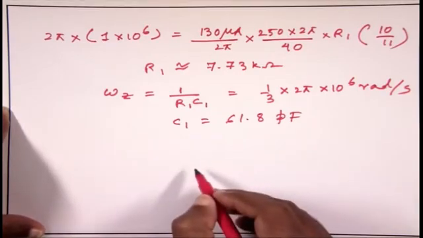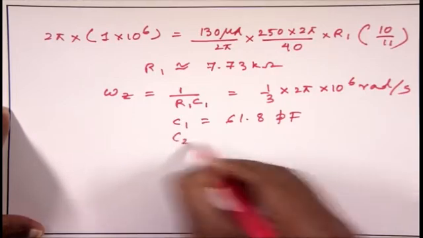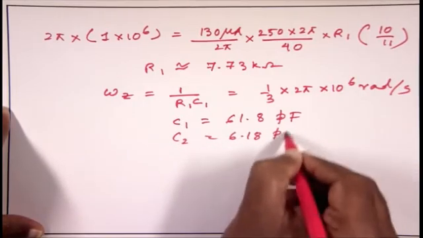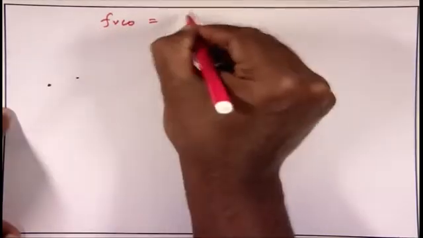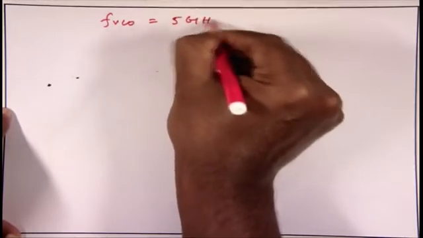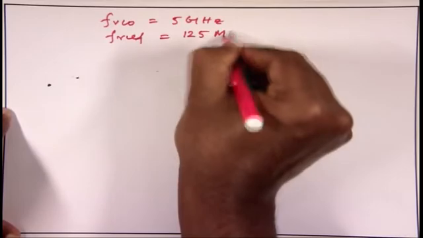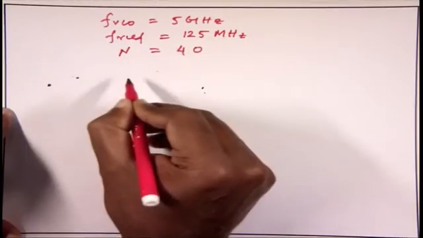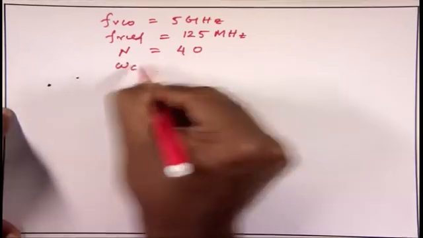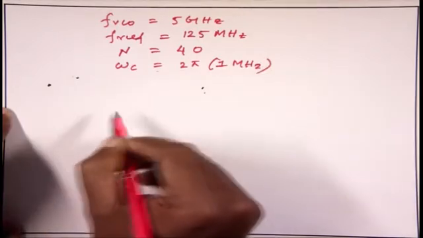And what is the C2? I told you C2 is generally 1/10. C2 is 6.18 picofarad. So now I can write down a summary. The summary is like this: my FVCO is 5 gigahertz, my FREF is 125 megahertz, my frequency dividing ratio is 40, my omega c is equal to twice pi into 1 megahertz, correct?